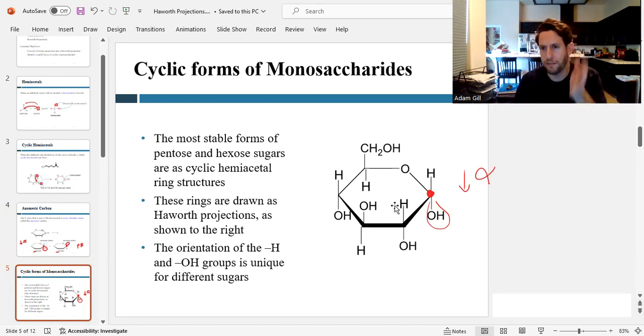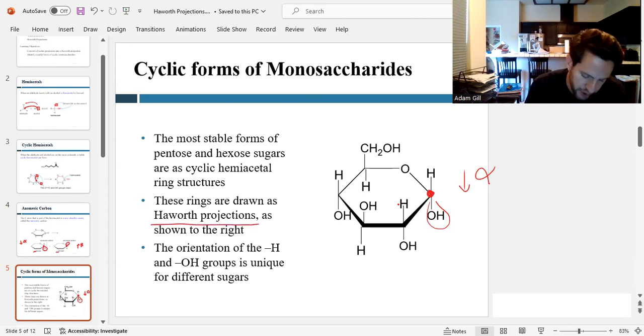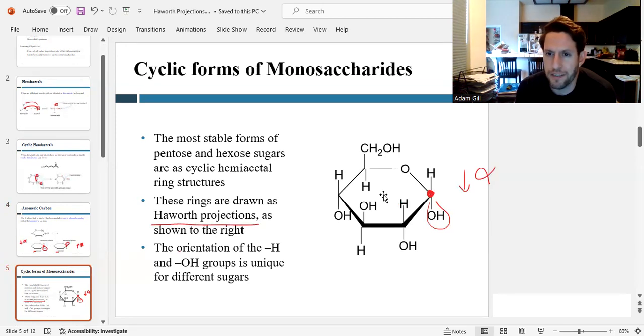So even though we draw it as a Fisher projection, most of the time they actually exist as these ring structures. And the drawing of this ring structure is known as a Haworth projection. So Haworth projection is this method of drawing it in a ring. And the orientation of the hydrogens and the OH groups on each chiral center is unique for the different types of sugars. And so by the end of this video, we'll teach you how to draw sugars in this ring structure.